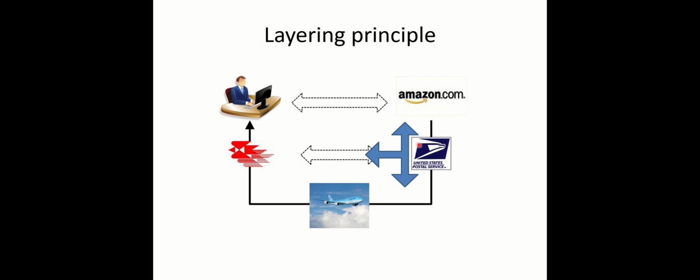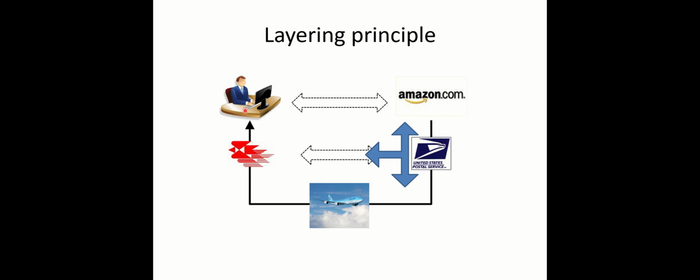So the interface is its customer above, and some kind of service below it. It also talks to what we call the peer on the same layer. And the same goes for me. I talk to Amazon on the same layer, and I interface with the Korean Postal Service.